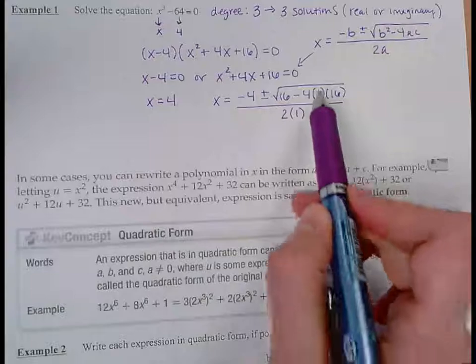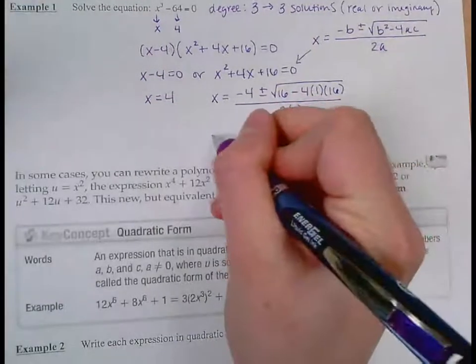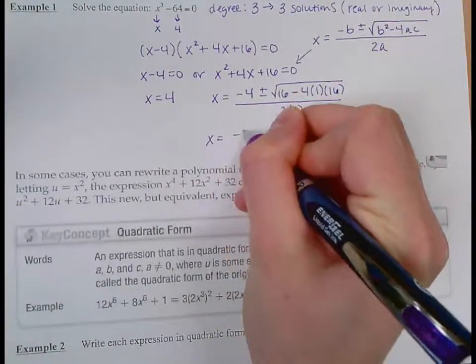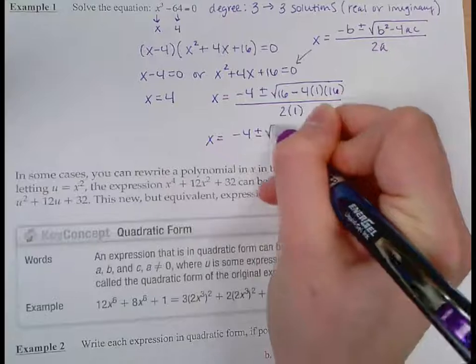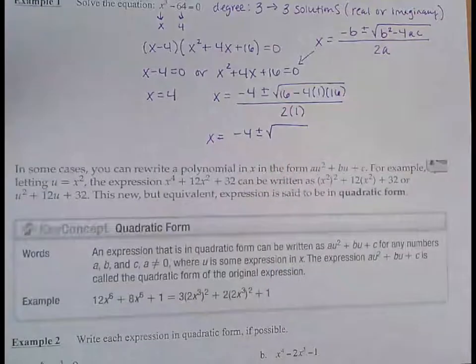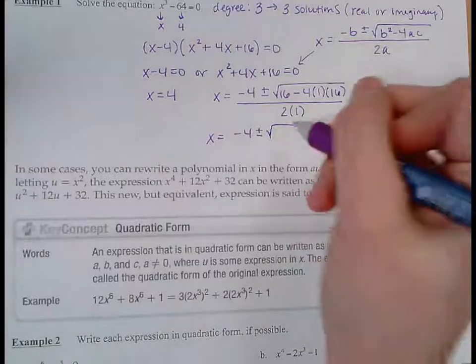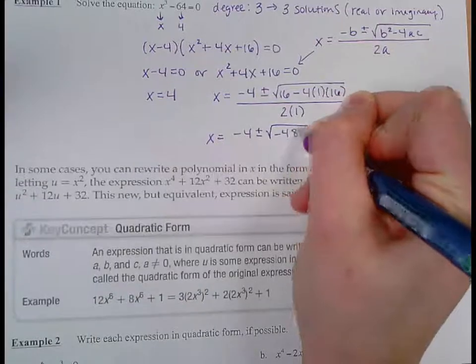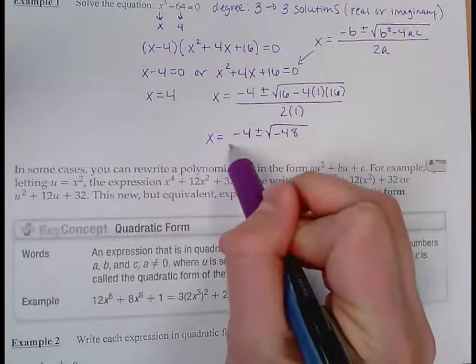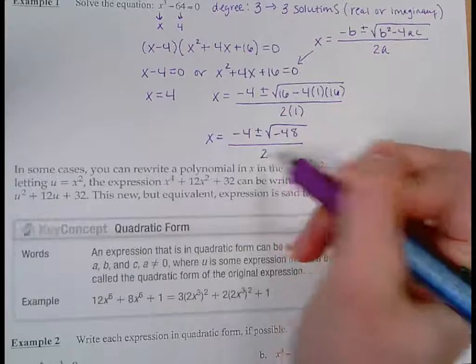And then this is now a matter of simplifying. So I have negative 4 plus or minus inside the square root. If I simplify 16 minus 4 times 1 times 16, that comes out to be negative 48. And that's all over 2.